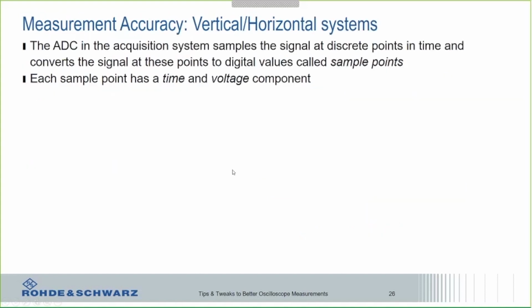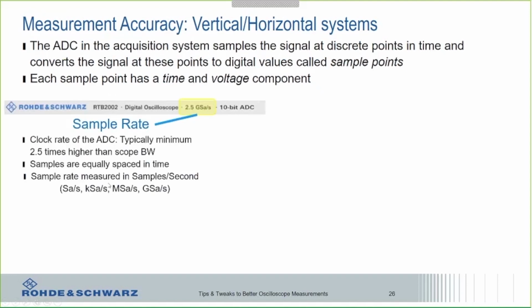Okay, so we talked about the vertical portion of it. Let's talk about the time portion of it, the horizontal portion of it. So again, the ADC samples the points in time, and each sample point has a time and voltage component. The sample rate is going to be specified on the oscilloscope, and typically you want it to be 2.5 times higher than the bandwidth of the scope.